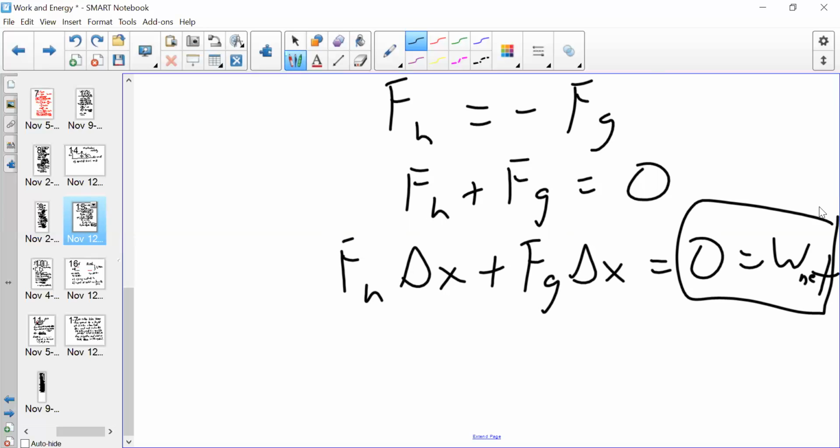That basically shows you that gravity is a conservative force. That means that no matter what path you take in a closed path, you're always going to get no change in the energy, or no change in the work. The energy will be saved under the conservative force of gravity.